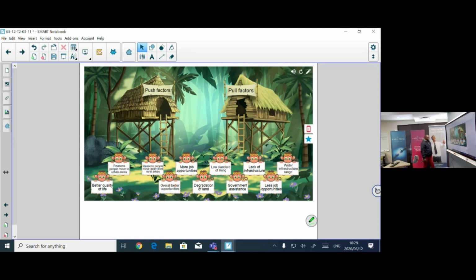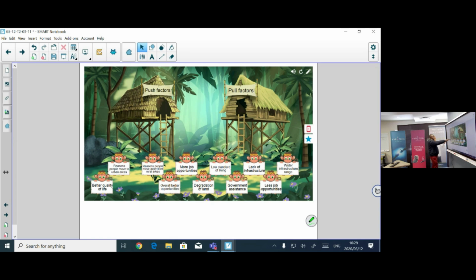Yes, it's accepted. And let's look at another one. Government assistance, is it a push factor? No, it isn't. Less job opportunity, is it a pull factor? No, it isn't. You can see that it's being refused.